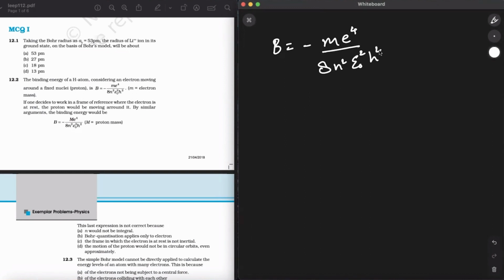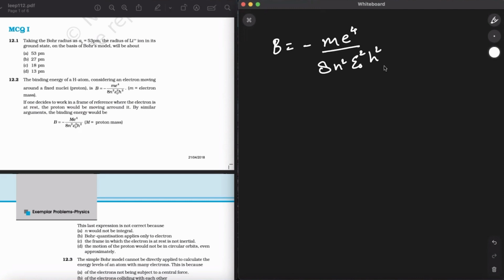But when you reverse the situation and start looking at the electron at rest and the nucleus moving around, the frame is not inertial, and you cannot just switch the formula. It would not work. So option C is correct. The motion of the proton would not be in circular orbits, even approximately.